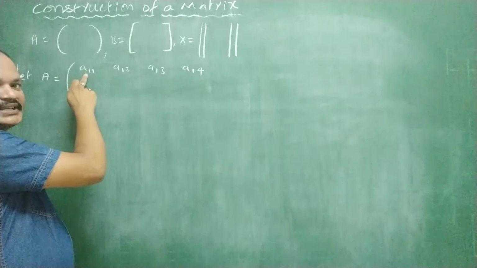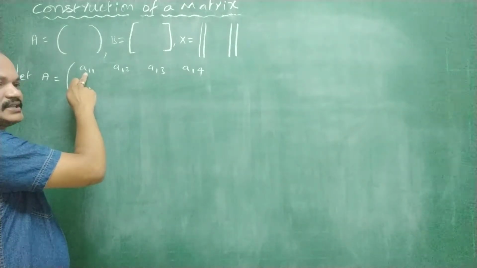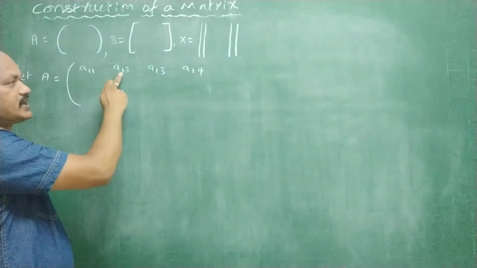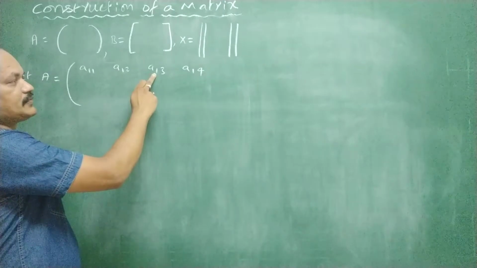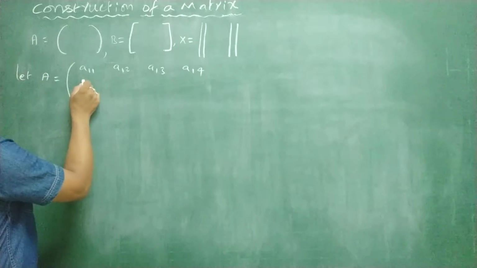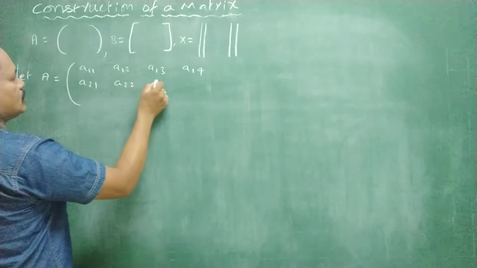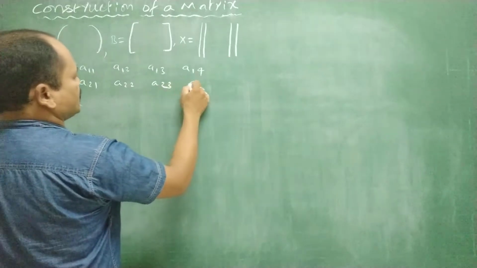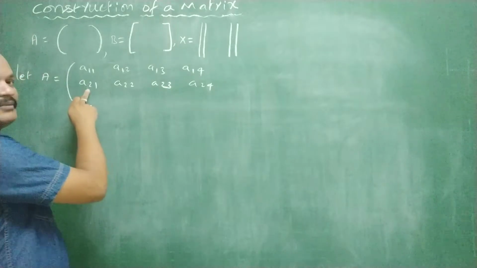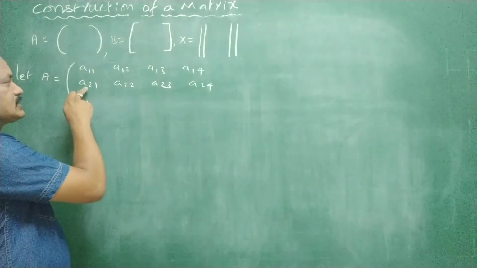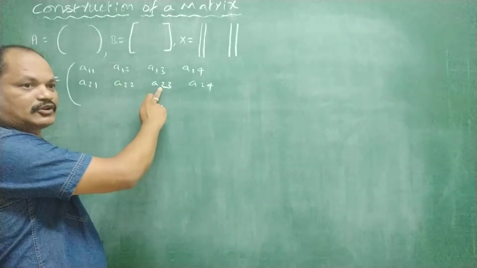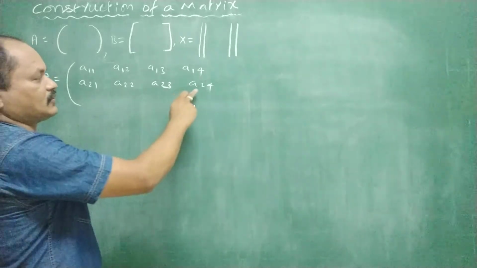So a11 is the element in the first row, first column; then first row, second column; first row, third column; first row, fourth column. Now a21, a22, a23, a24 is the second row. This is the element in the second row, first column; second row, second column; second row, third column; second row, fourth column.